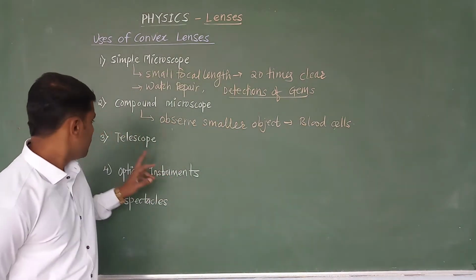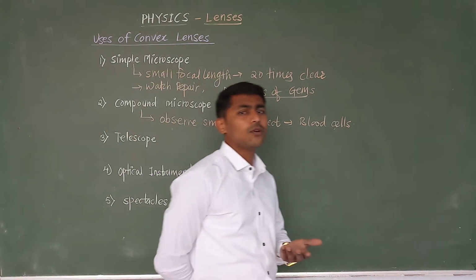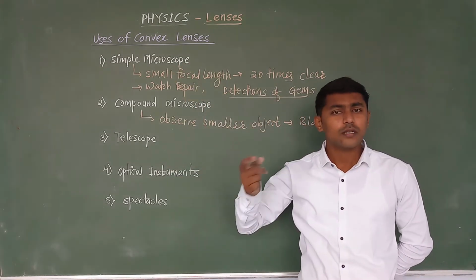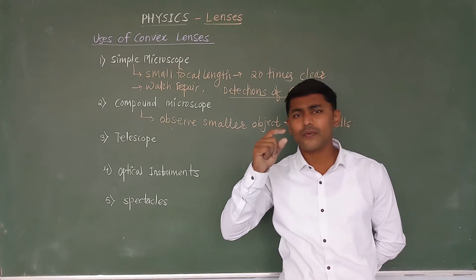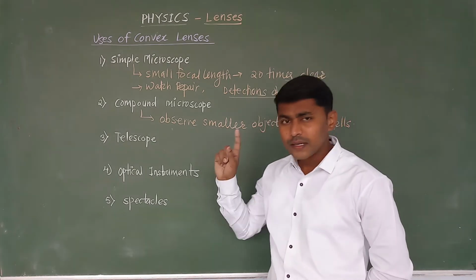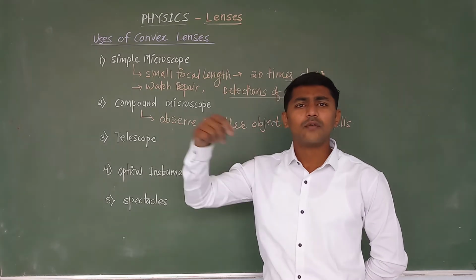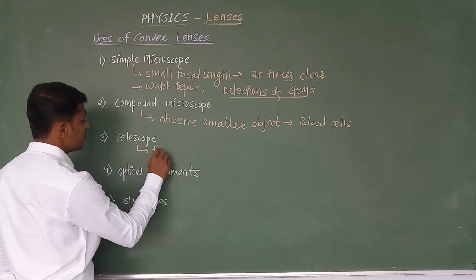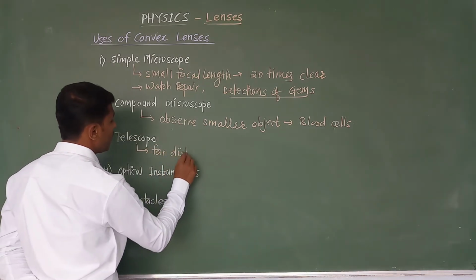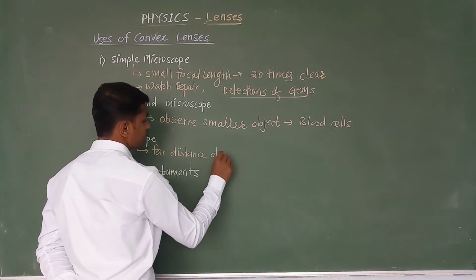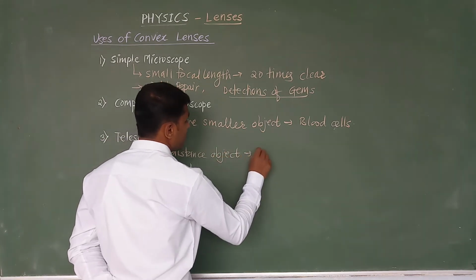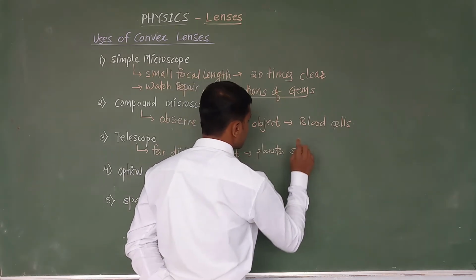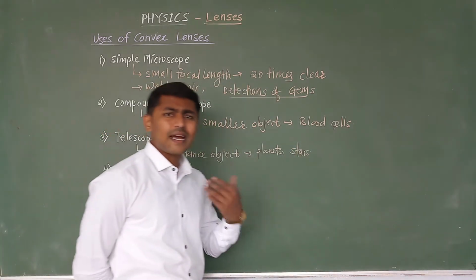Okay students, now the third use is the telescope. What is a telescope? These are exactly opposite. Microscopes are used to see very tiny particles, while a telescope is used to see a far distant object like planets or stars.